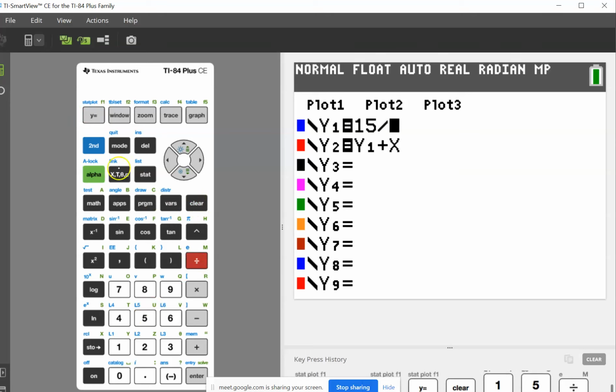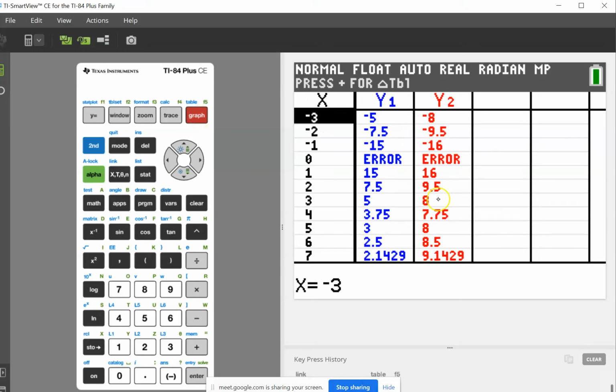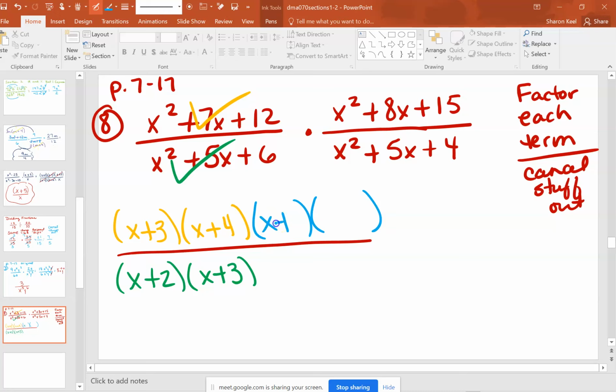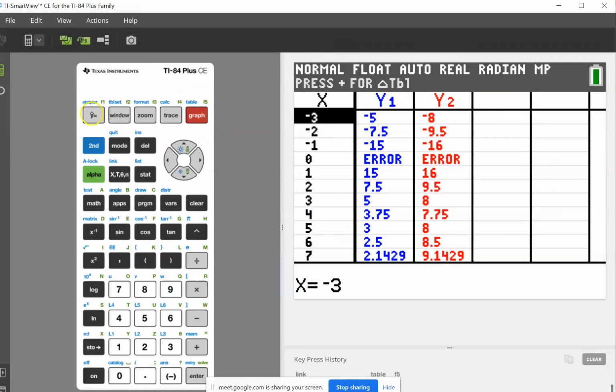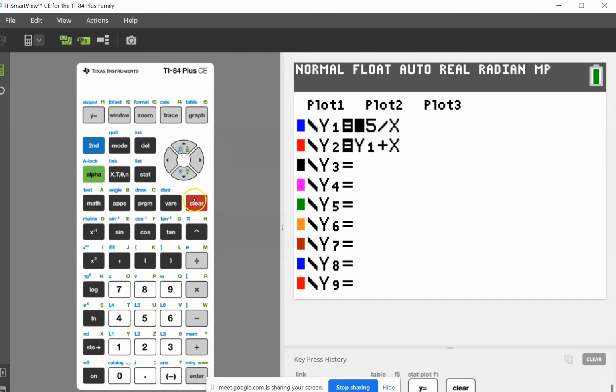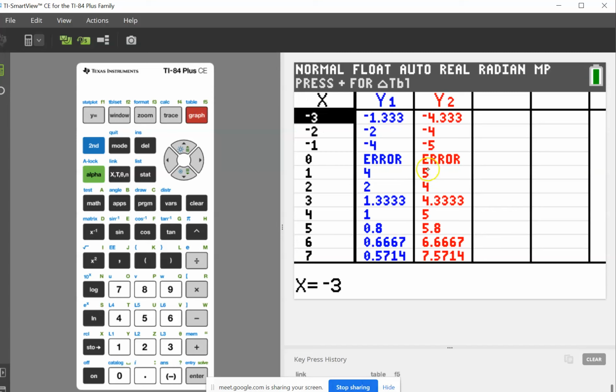So 15 divided by x, we're looking for a positive 8, a 3, and a 5. Check that off. And one more. 4, and we're looking for a 5. And not negative, but positive, so we got a 1 and a 4.